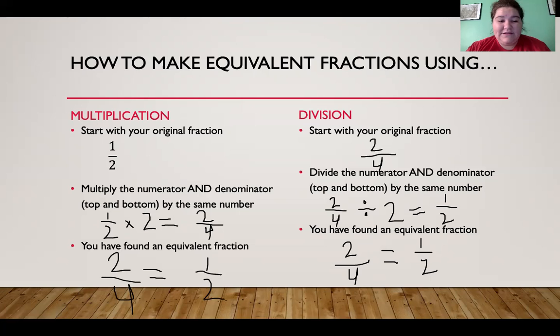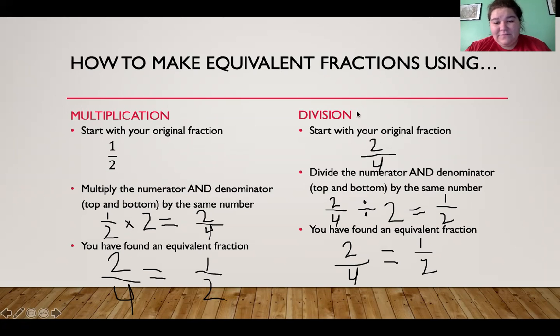It has to be the top and the bottom by the same number. So 1 times 2 is 2. 2 times 2 is 4. Now, you found an equivalent fraction. So 1/2 is equivalent to 2/4. Remember, if you are multiplying, you have to multiply by the same number on top and bottom. Okay?